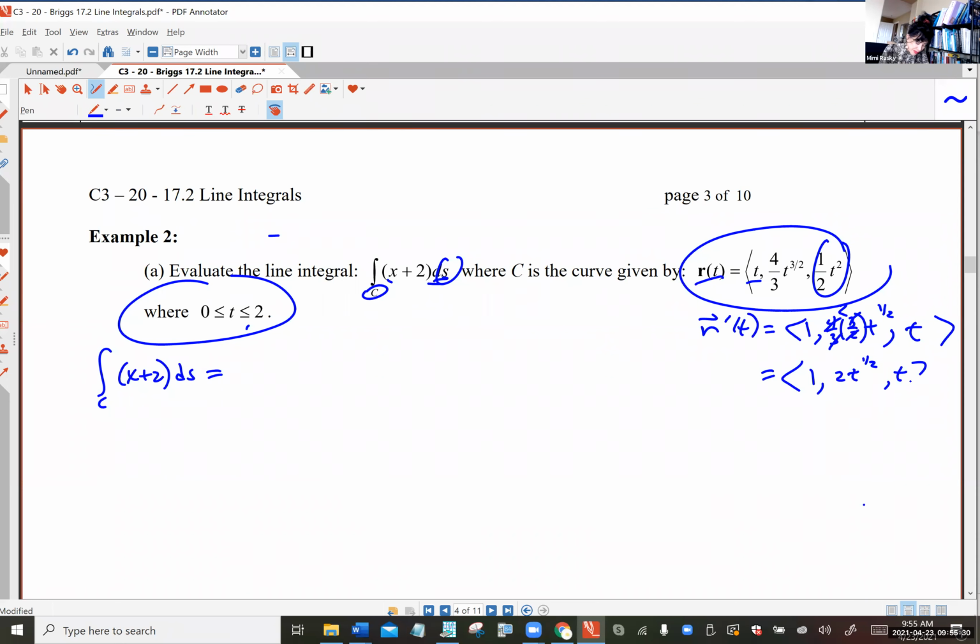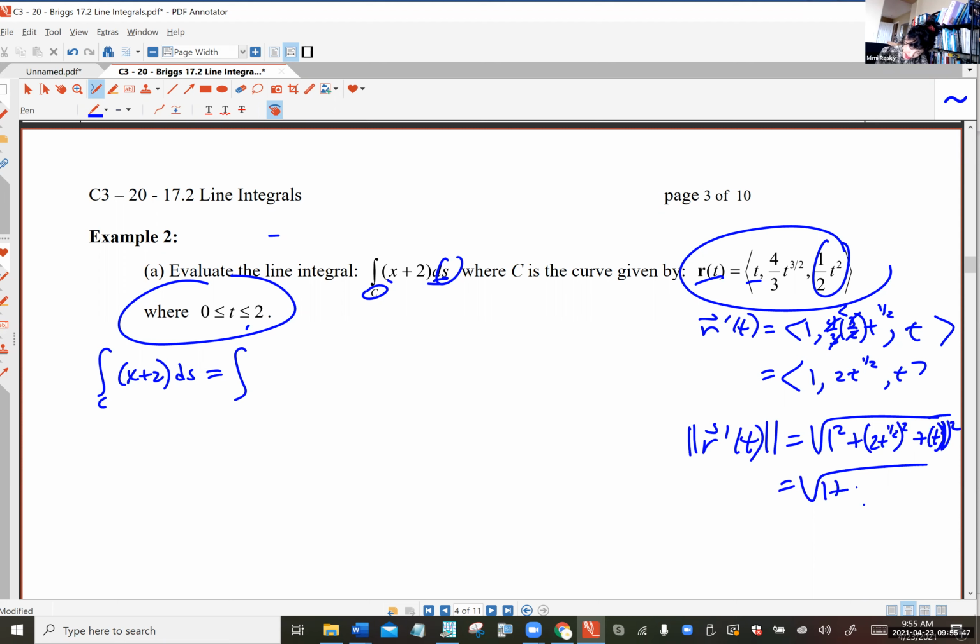So the arc length element, the magnitude of this velocity vector, is the square root of the sum of the squares of the components, right? Like so. And if I clean this up a little bit, I'm going to get 1 plus 4t plus t squared. Okay, so that's that.